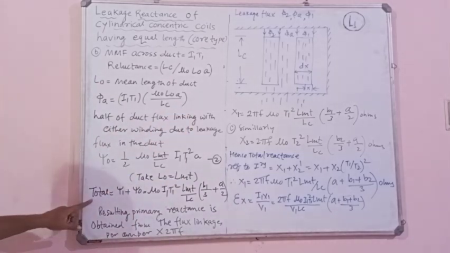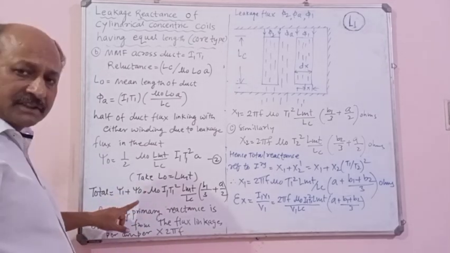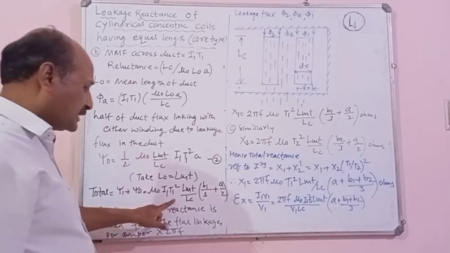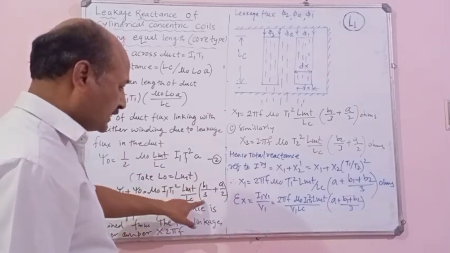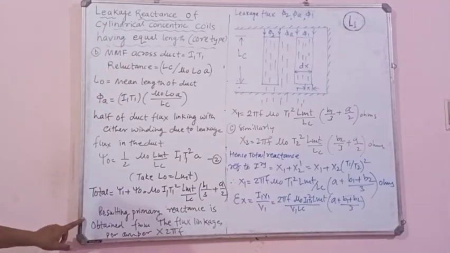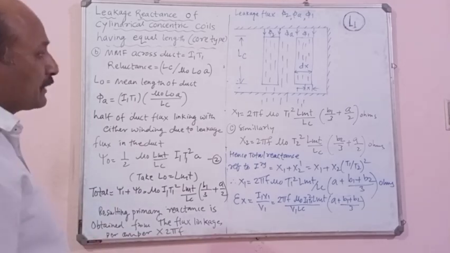So total flux, from equation 1 and equation 2, phi 1 plus phi 0 equals mu 0 I1 T1 square LMT by LC into B1 by 3 plus A by 2. So the resulting primary reactance is obtained from the flux linkages per ampere multiplied by 2 pi f.